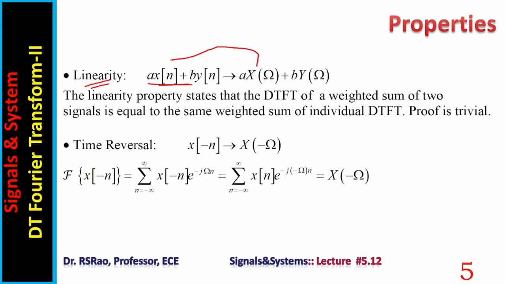Notice X of omega is the transform of x of n. Y of omega is the transform of y of n. In time domain, x of n is weighed by A. y of n is weighed by B. In frequency domain, X of omega is weighed by the same A and Y of omega in frequency domain is weighed by the same B. So the weighing is the same.